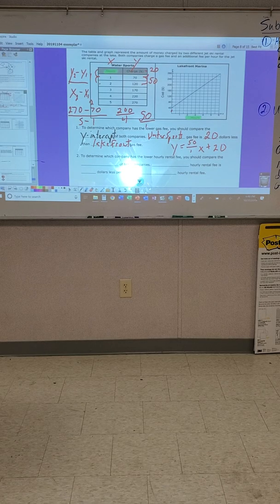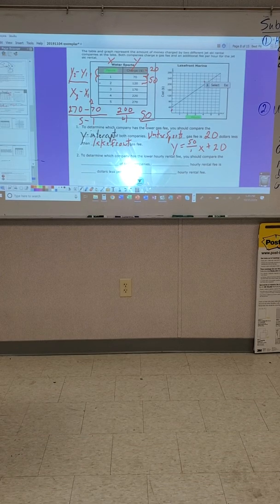Let's go back before we reduce, because sometimes that's helpful. 200, we could rise 200, and we'd find 220 on the y-axis, and we could find 4 over on the x-axis. So let's make a line.